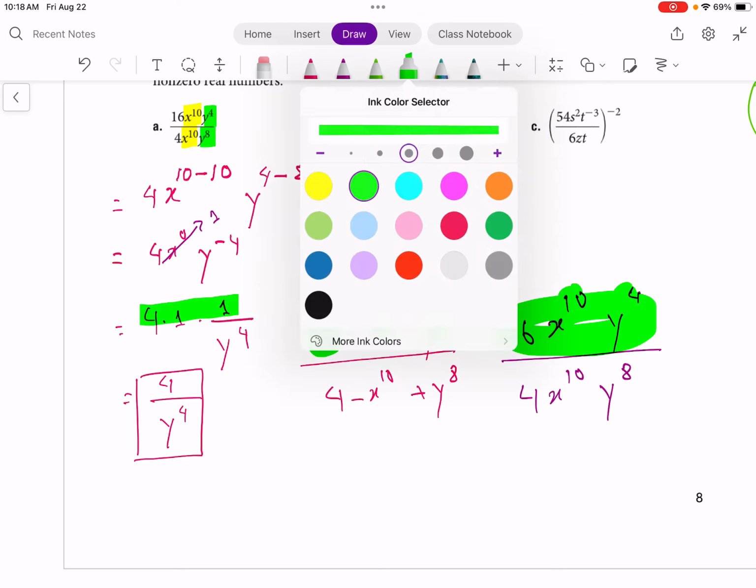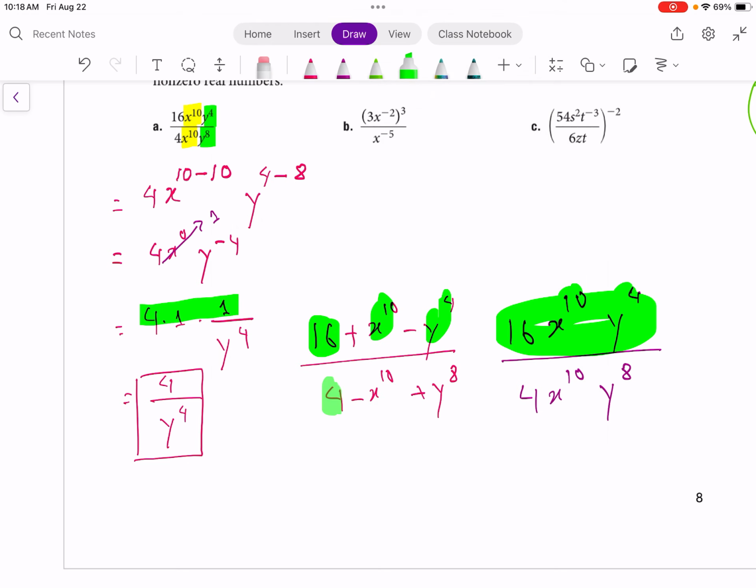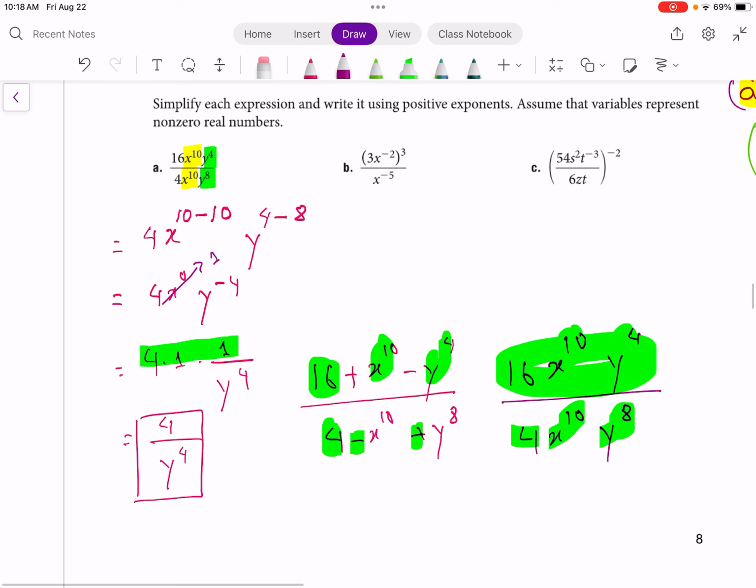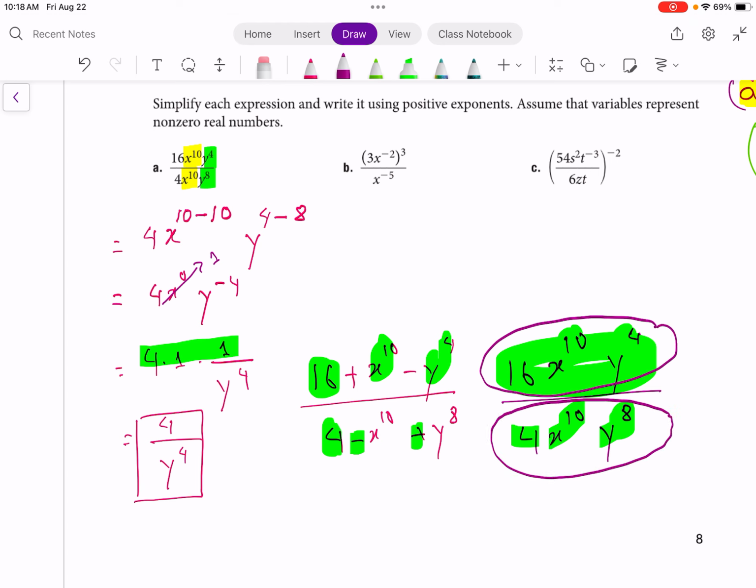Similarly for 4 x to the power 10 y to the power 8, there is a multiplication. You can use this property only if your numerator is in a product form or your denominator is in a product form. You must have your numerator in a product form.